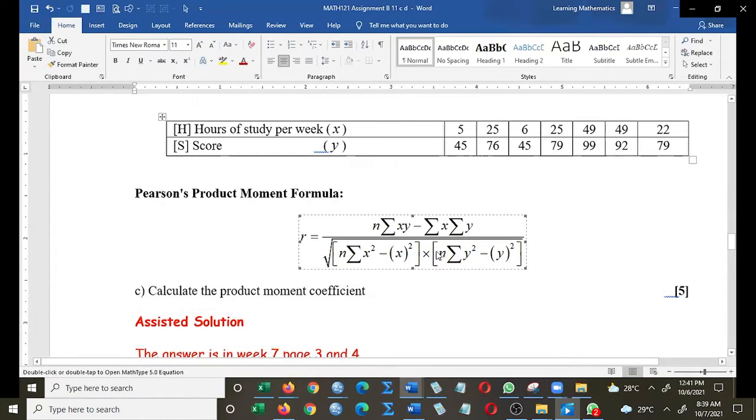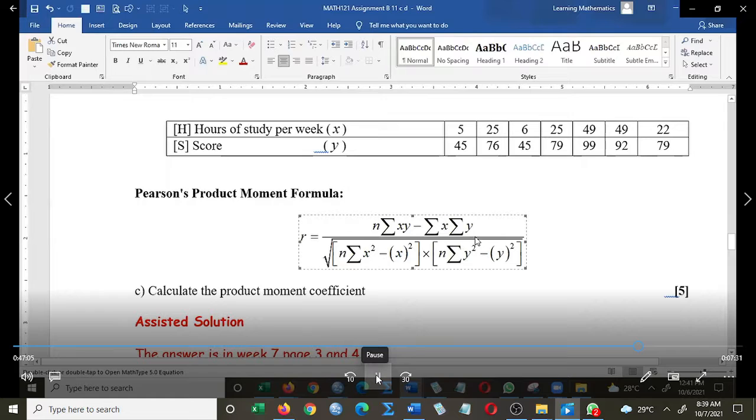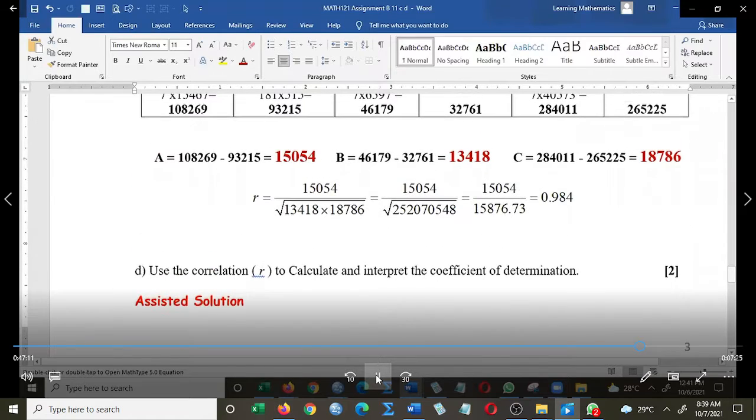Between those two numbers using this instrument. Okay, we have just measured the correlation using this instrument and we have gotten a number. How do we interpret that number? This extra calculation called the coefficient of determination will help us to interpret that number.